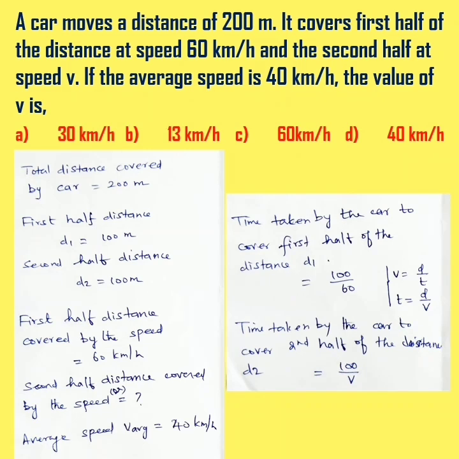So the time taken by the car to cover the first half of the distance d1 is equal to 100 by 60. Why am I writing like this? Because velocity is equal to distance by time.